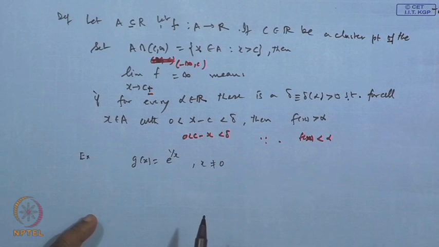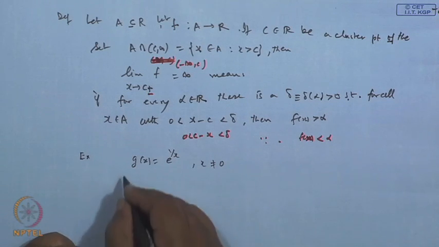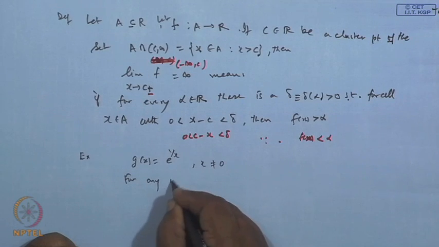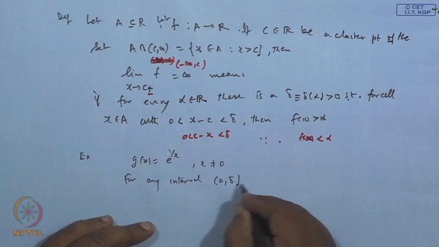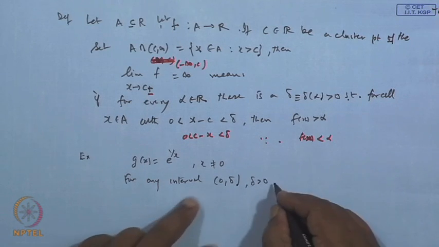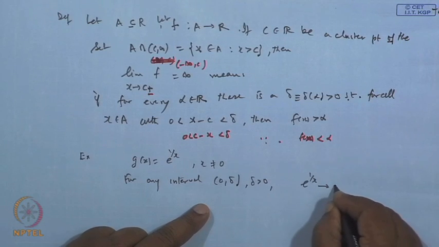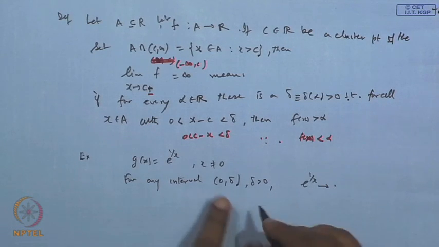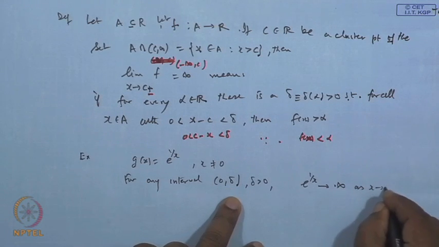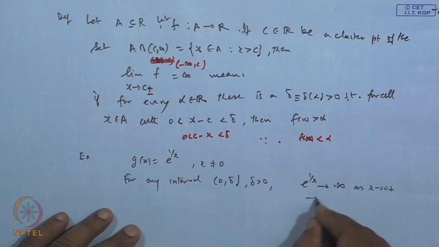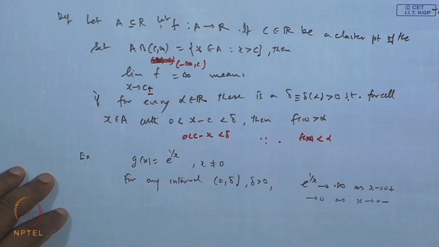Now, this we have already seen that if we take any interval (0, delta), where delta is positive, the right hand side limit of this function tends to infinity as x tends to 0 plus, and this limit goes to 0 as x tends to 0 minus. This we have already discussed.